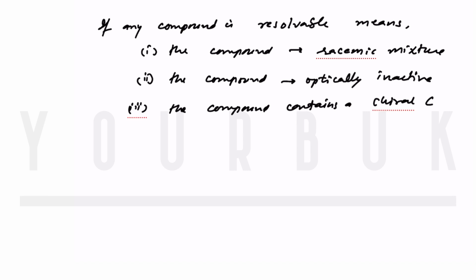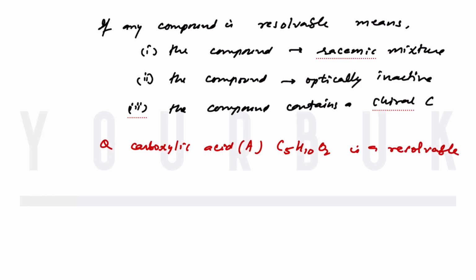Now, for example, you are given this carboxylic acid A with a molecular formula C5H10O2, which is a resolvable acid. Question is, what is the structure of acid A?